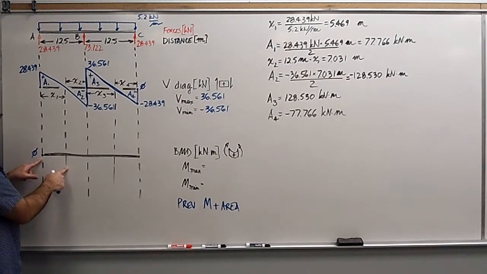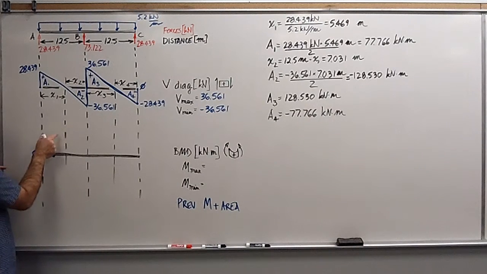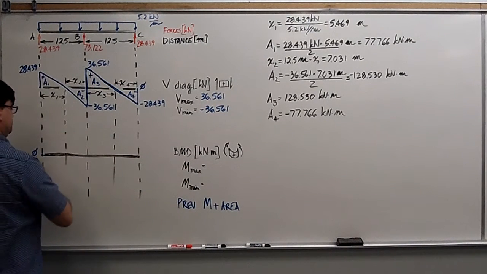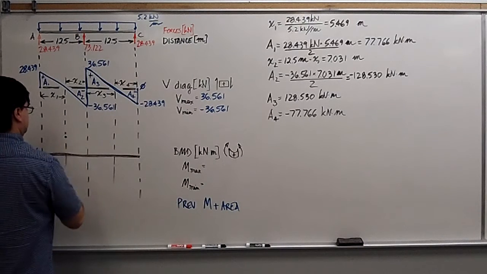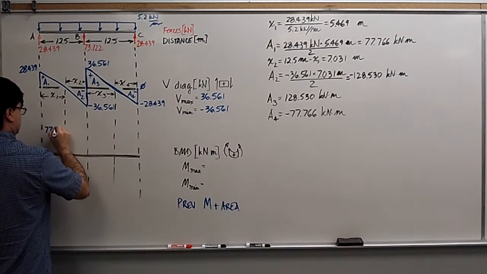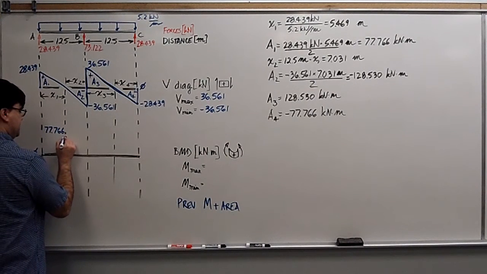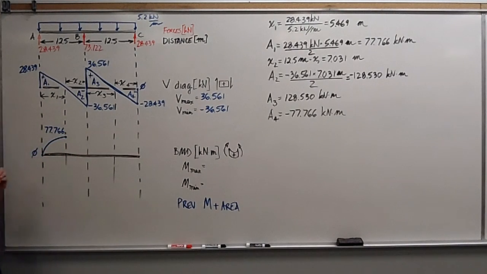So in order to get here, it's the previous moment plus area. So the previous moment is 0. Area 1 is 77,766. So that's where I go. Okay? How do I get there? My shear is going down in a straight line. That means it's a frown. So it's a parabola that faces downwards, like this.